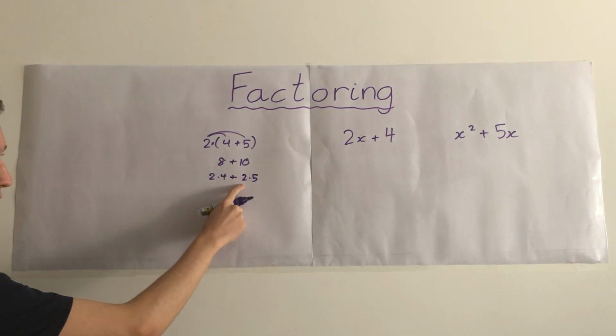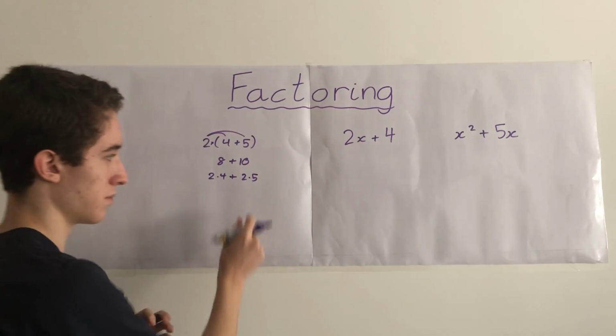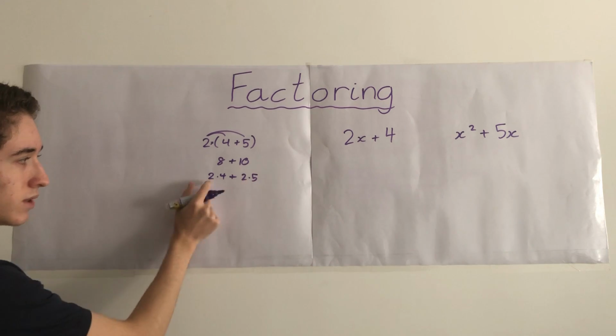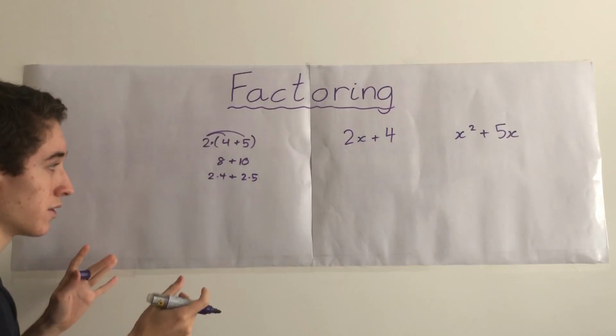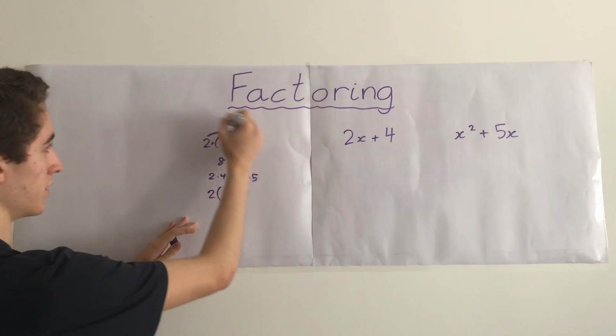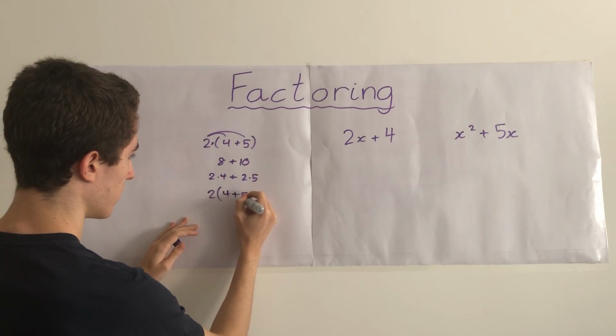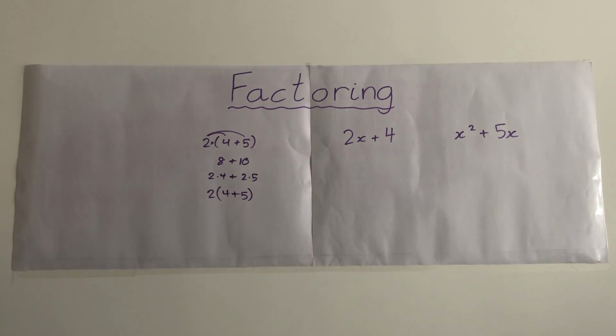And here we see that 2 is being multiplied in both of these terms, what we call terms, both of these added numbers. And so what we can do is actually pull this 2 out, just like we distributed it inside. We can pull it out and rewrite this as 2 times (4 plus 5). This is exactly what we had in the beginning.